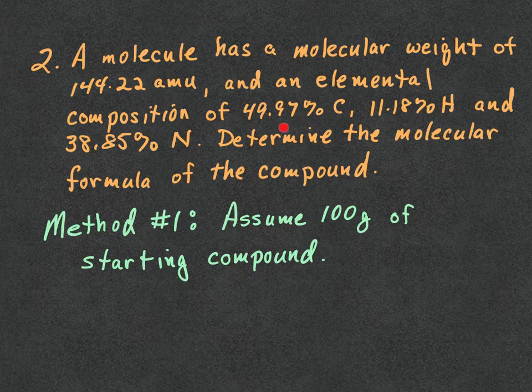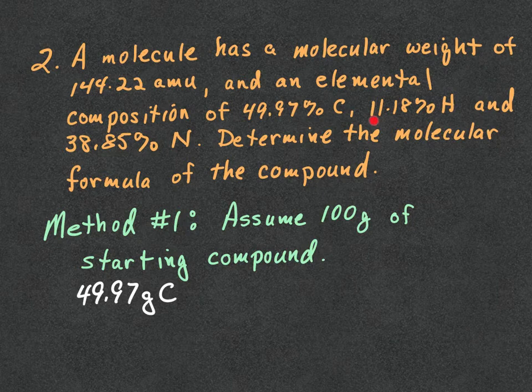And so we can use these percentages to determine our starting masses, right? So 49.97% of 100 grams is 49.97 grams of carbon. And 11.18% of 100 grams is 11.18 grams of hydrogen.